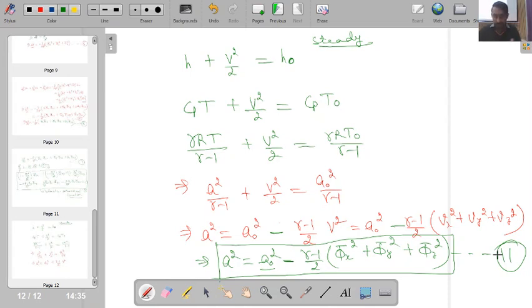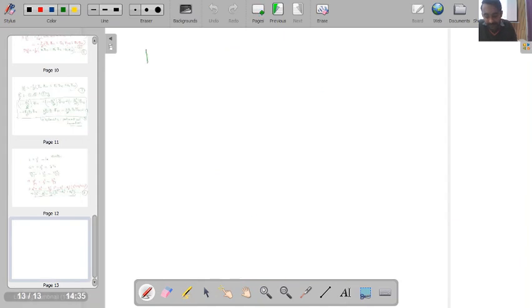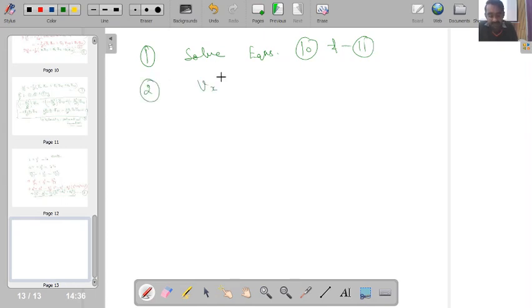So my solution algorithm will be: solve equations 10 and 11 jointly. Then, once we have solved these equations and I know the value of phi at all the points, I can calculate Vx, Vy and Vz.